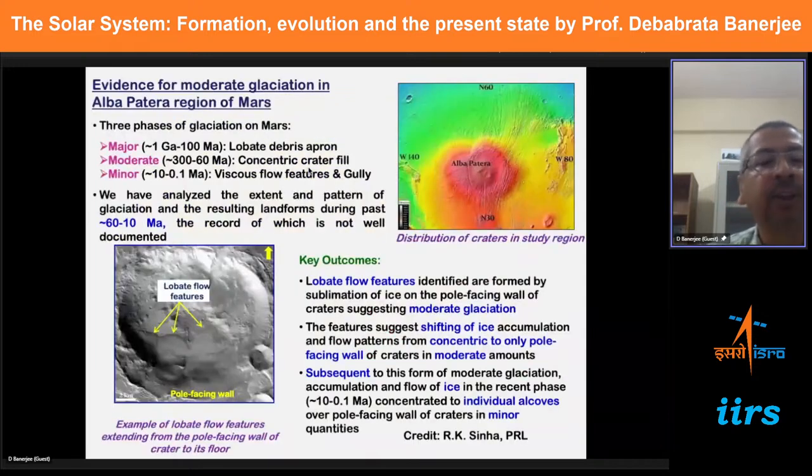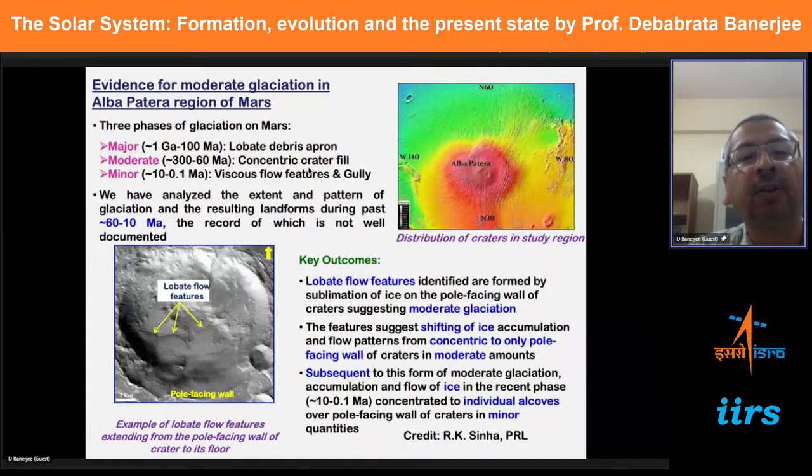One work which I just want to show you is from remote sensing data, right? You can see lobes, basically these features in the one at the bottom left-hand corner. Rishitosh Sinha at PRL has shown, something new shown about 7-8 years ago, that there are 3 major phases of glaciation in the Amazonian era.